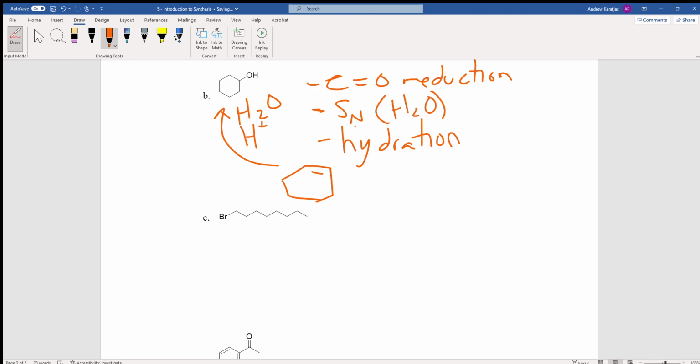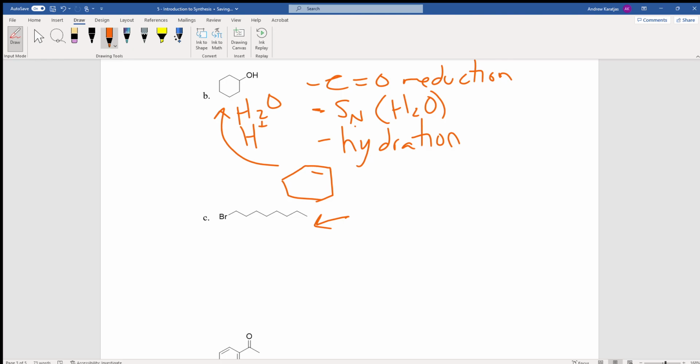So when it comes to making a halogen, in a lot of cases, we know we could use some sort of HBr addition. Here, though, this would actually have to be the anti-Markovnikov product.